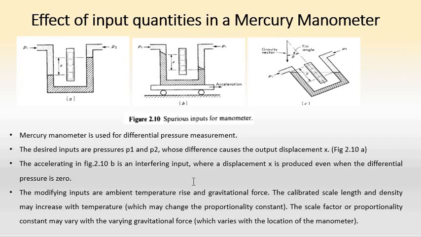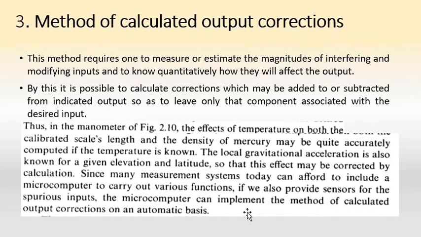So if we know the value of this gravitational force and the effect of the temperature rise on the manometer, then we could possibly remove the effect of this temperature rise as well as gravitational force from the output. This is an example here. So for that purpose we need to know the effect of the gravitational force change upon this manometer when we keep this manometer in different places. Okay, so this is an example here.